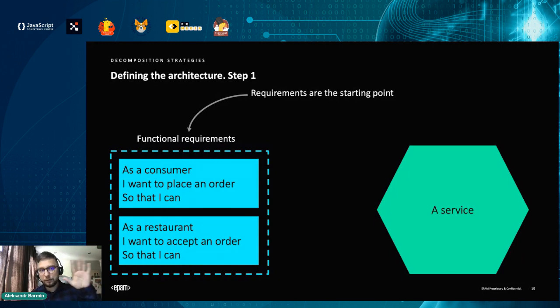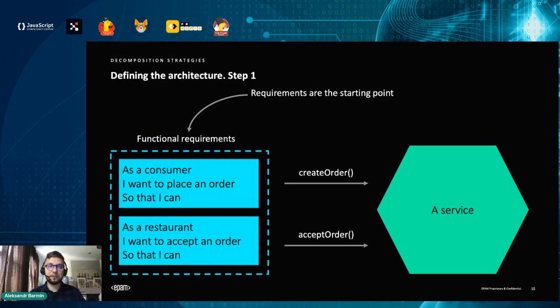As you may see here on the left-hand side, I have a couple of functional requirements saying that as a consumer, I want to place an order so that I can do something. In this case, it seems that I need to have a create order operation in the public API of the service. Secondly, as a restaurant, I want to accept an order so that I can do something else.